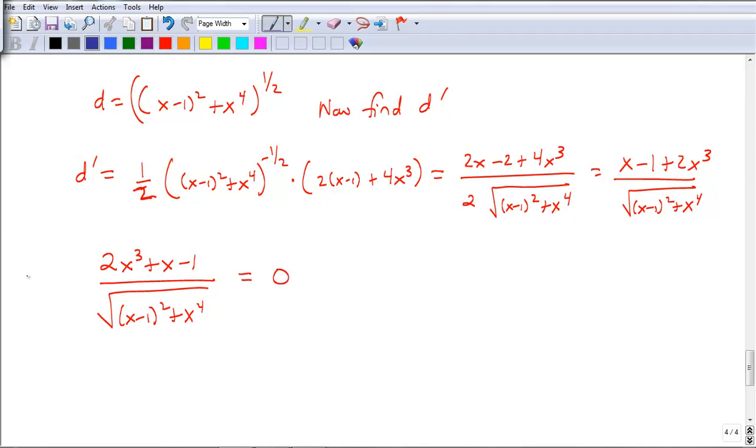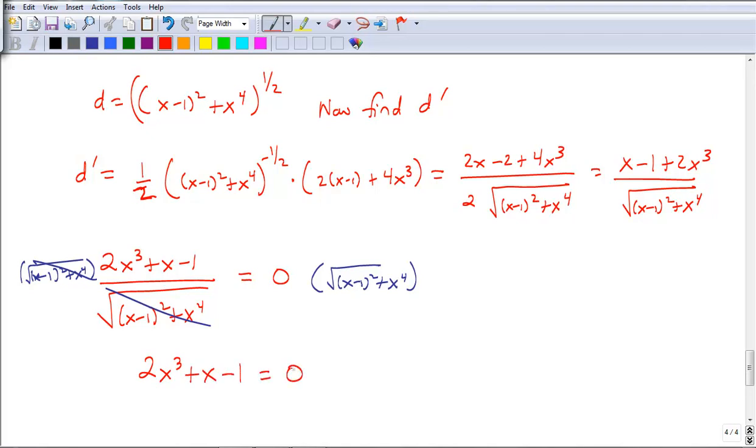To clear the denominator, I multiply both sides by the square root of (x minus 1) squared plus x to the 4th. On the left-hand side they cancel, and I'm left with 2x cubed plus x minus 1. On the right-hand side I get 0.